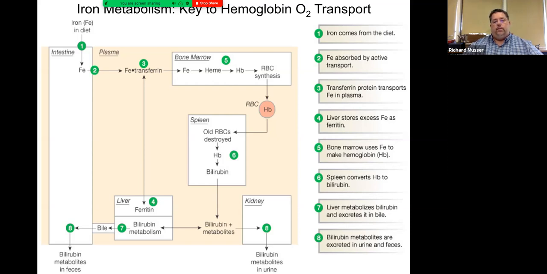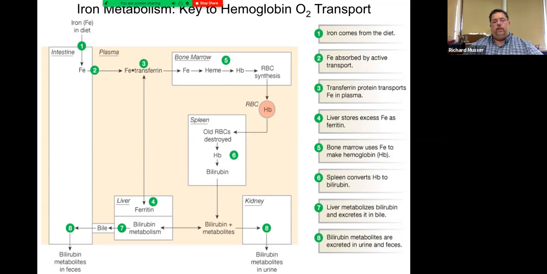So the bilirubin, again, can be used for bile salts. It has two different mechanisms. It can either go to the kidneys, and the excess bilirubin will be released in the urine or the feces, and it gives the urine that yellow color.